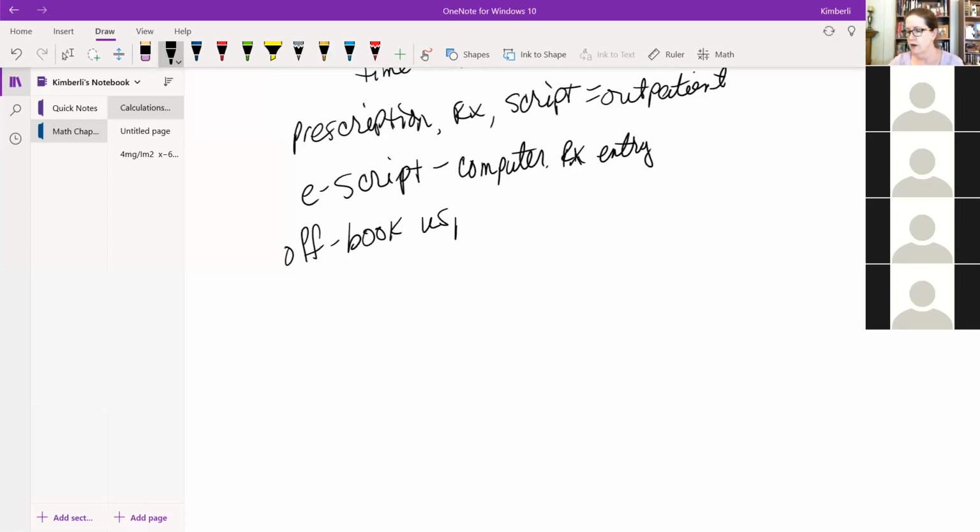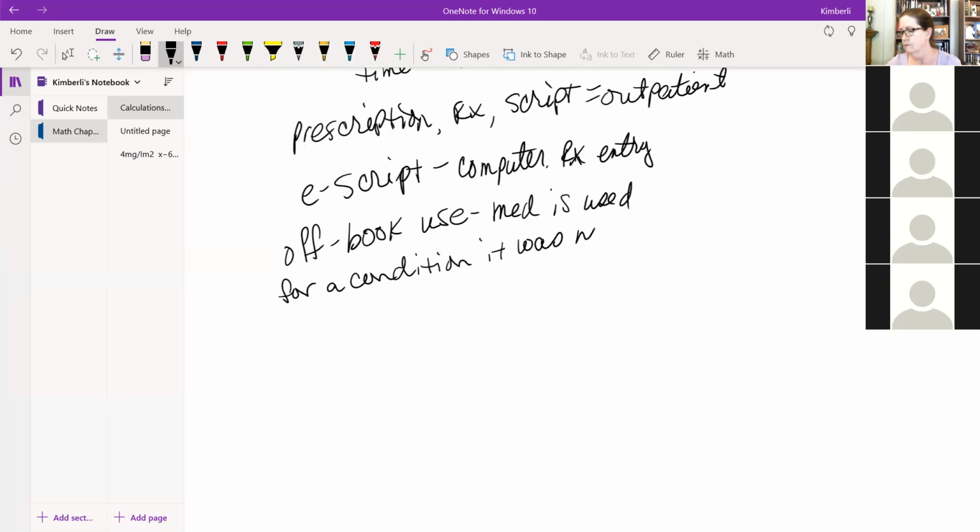So it's called an off book use. Okay, so that's where the medication is used for a condition that it was not originally intended for.